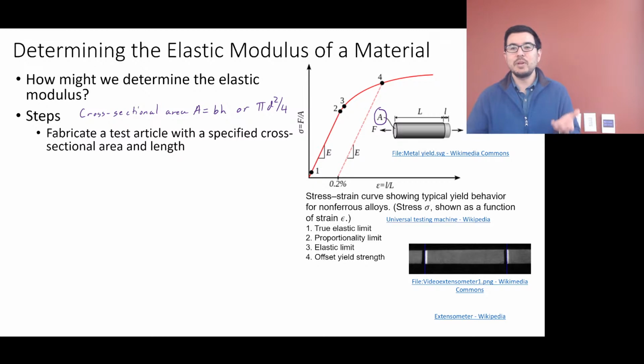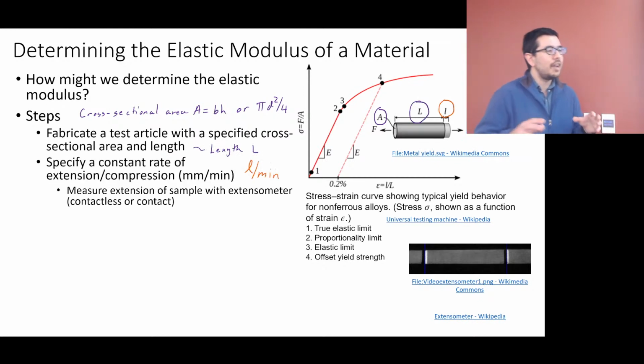I didn't put this there, but you probably want to do more than one test, if possible, because you want to be able to calculate a standard deviation and a mean, and get some idea of how uniform the material might be.